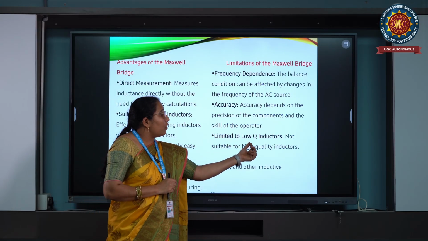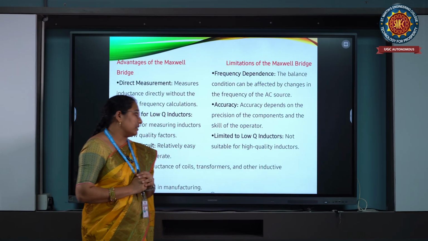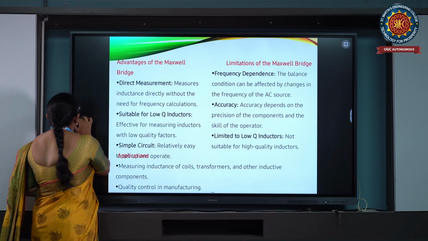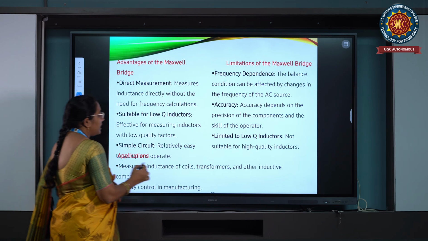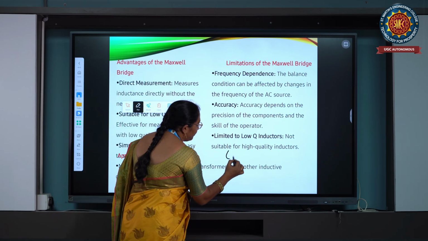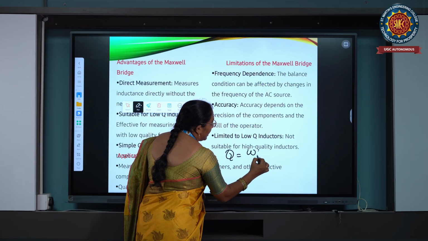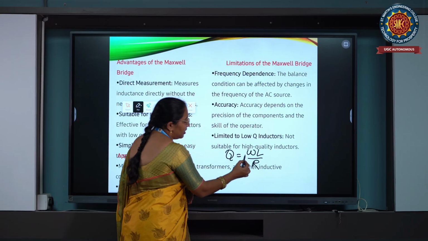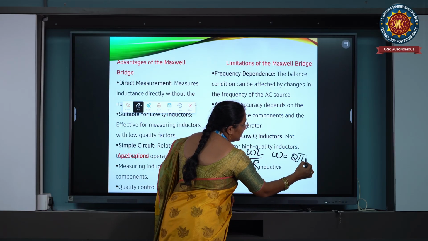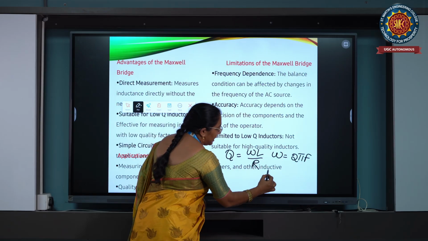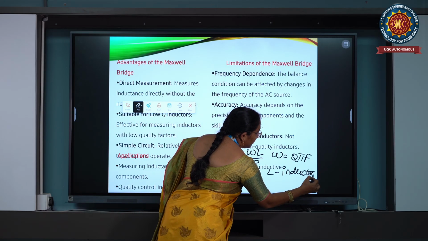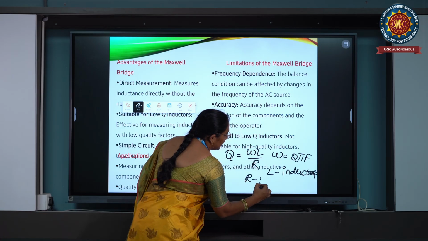Limiting to low quality factor inductors. The quality factor Q equals omega L by R. Here omega is the angular frequency, that is 2 pi f, L is inductance and R is resistance.